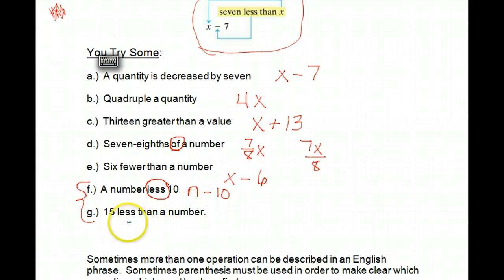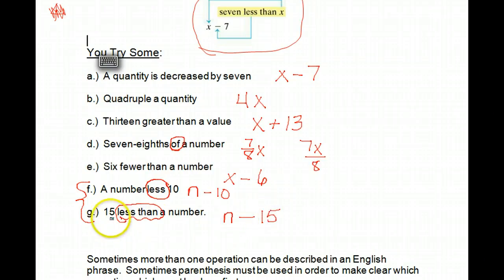However, whenever you have 15 less than a number, that's being descriptive and telling us that we have our number and we have to take off 15.